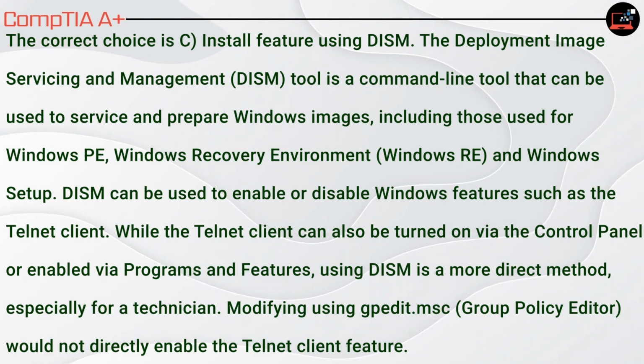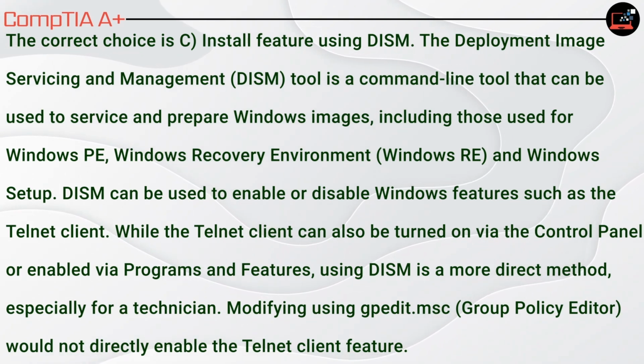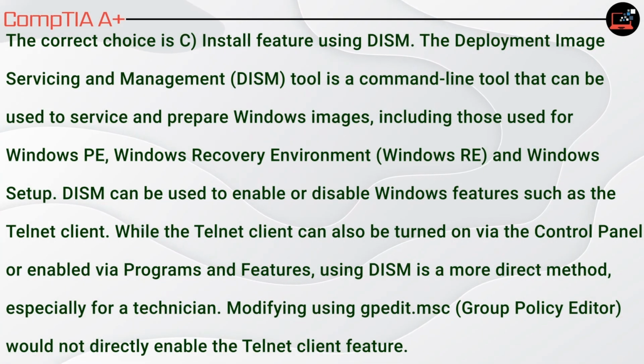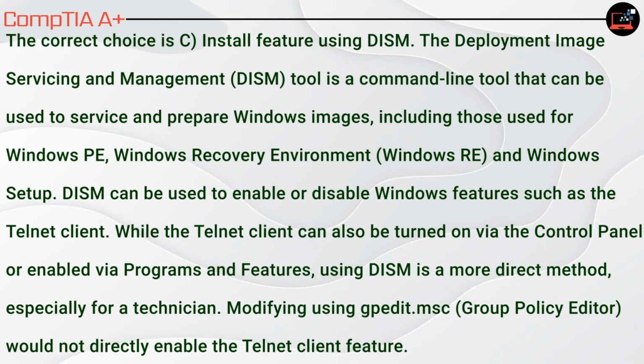DISM can be used to enable or disable Windows features such as the Telnet client, while the Telnet client can also be turned on via the Control Panel or enabled via Programs and Features. Using DISM is a more direct method, especially for a technician. Modifying using GPEDIT.MSC, Group Policy Editor, would not directly enable the Telnet client feature.